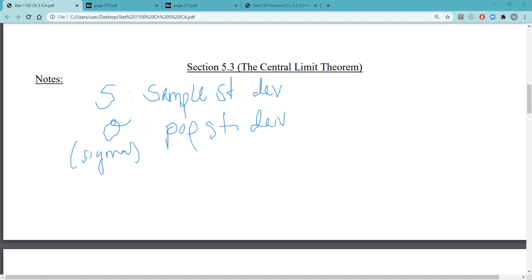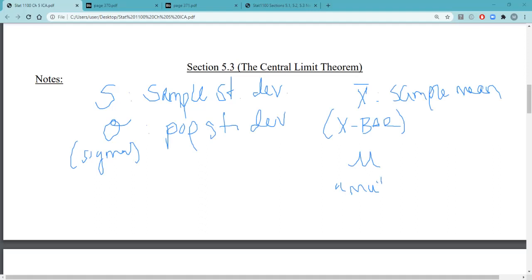We'll also see our sample mean, which is x bar, and mu, which is our population mean.